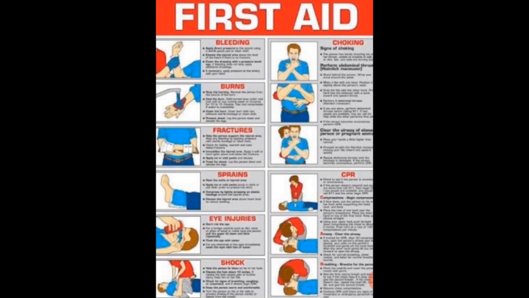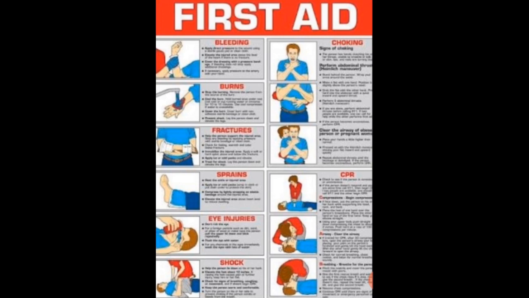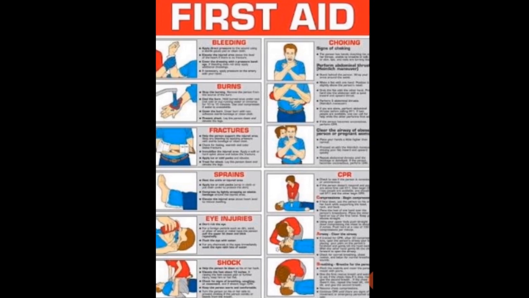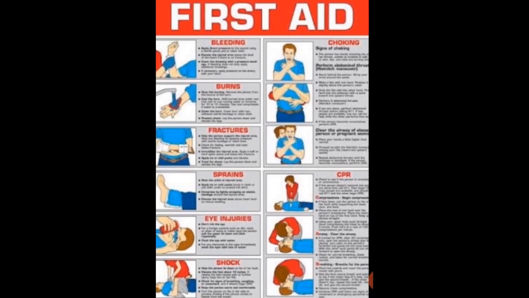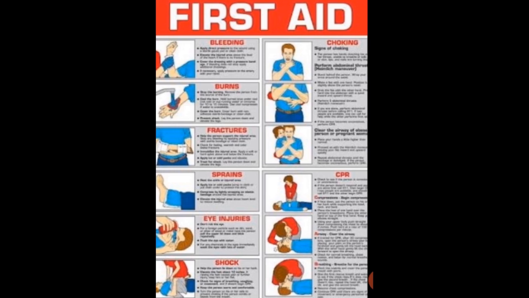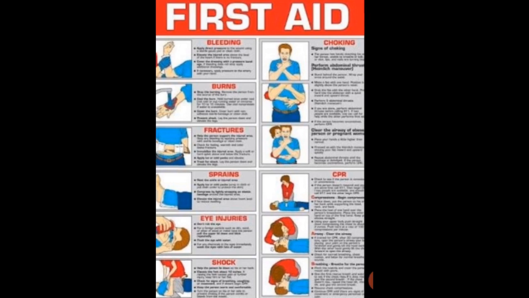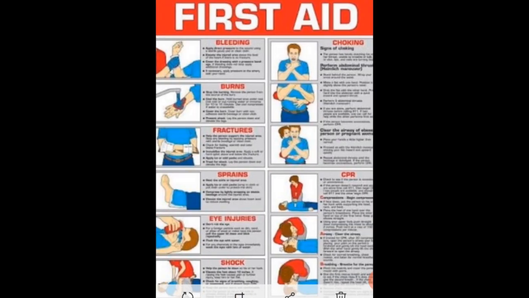Then suppose you see your friend bitten by an animal. What are you going to do? In cases of animal bites, the wound should be thoroughly washed with soap under running water. After that, the victim should be taken to the physician.